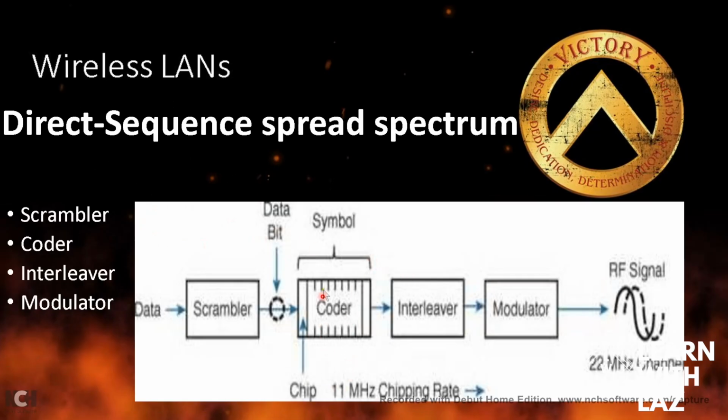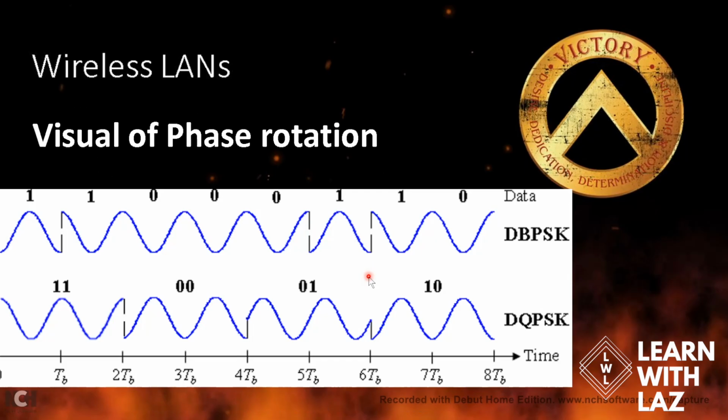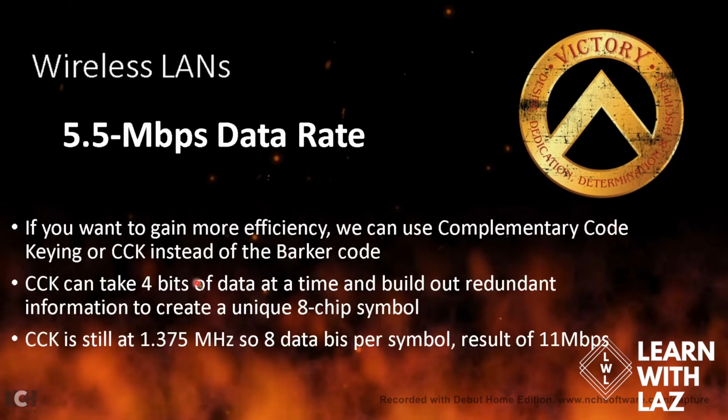This chip is encoding and it turns it into a symbol. So it's 4 bits at a time instead of 1 or 2, which creates a unique 8-chip symbol. Now it's 1.375 megahertz, so 8 data bits per symbol, resulting in 11. It's still 11 megabits per second.